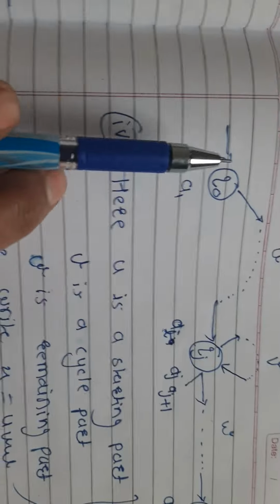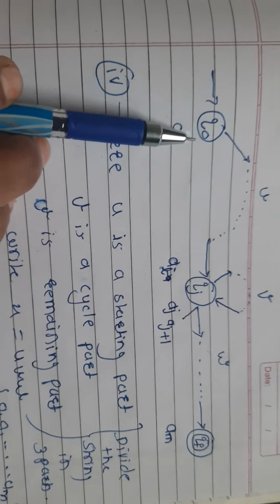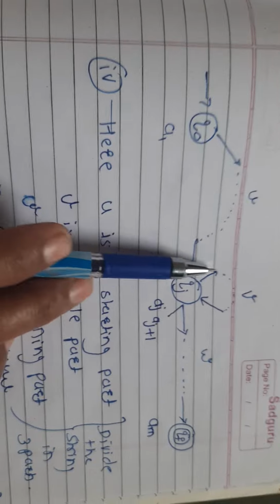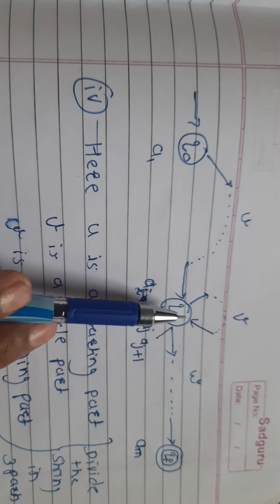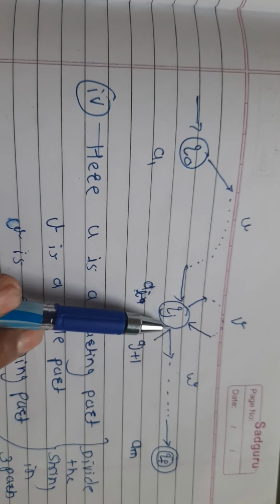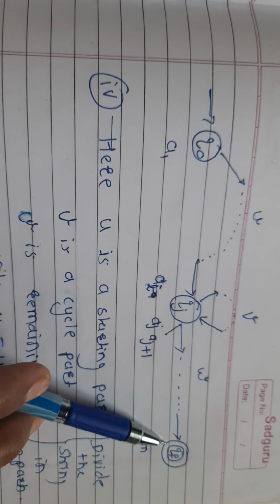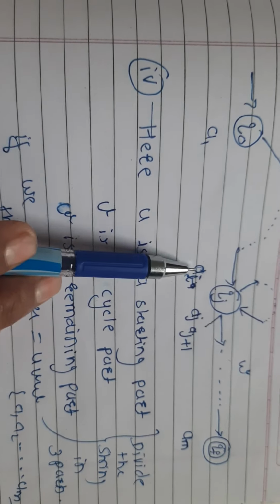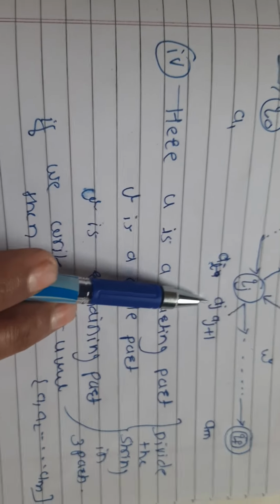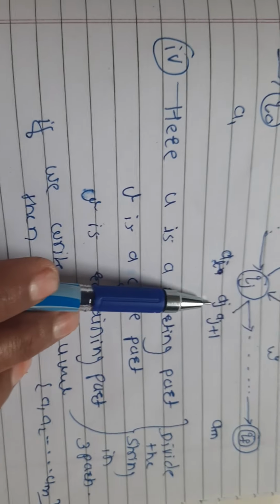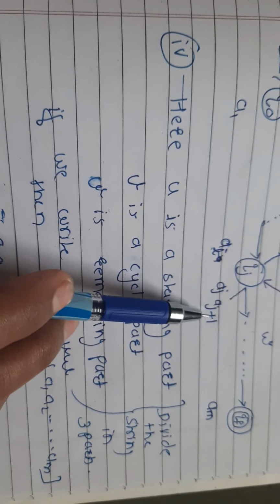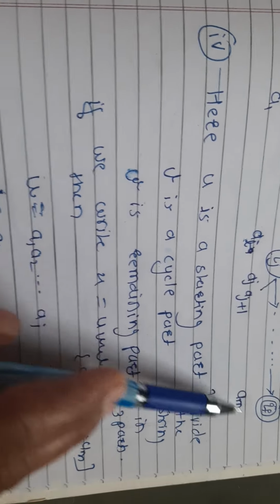Now in graphical representation we can show this: q0 to qj is the first part, then a self loop at qj, and the remaining part is accepted from qj to the final state. So the characters a1 to ai are u, a of i plus 1 to a of j is the loop cycle, and a of j plus 1 to a of m leads to qf.